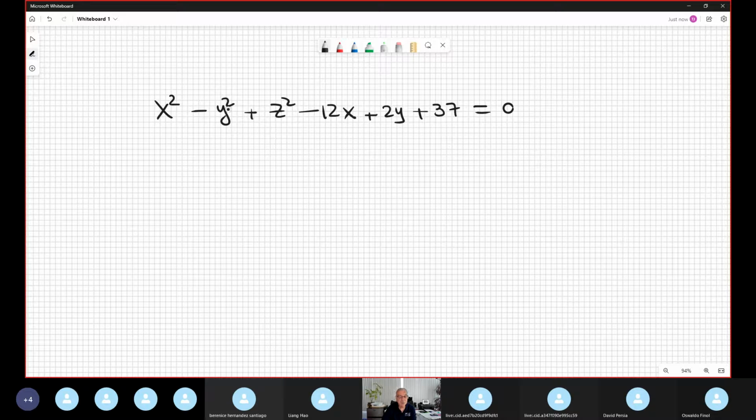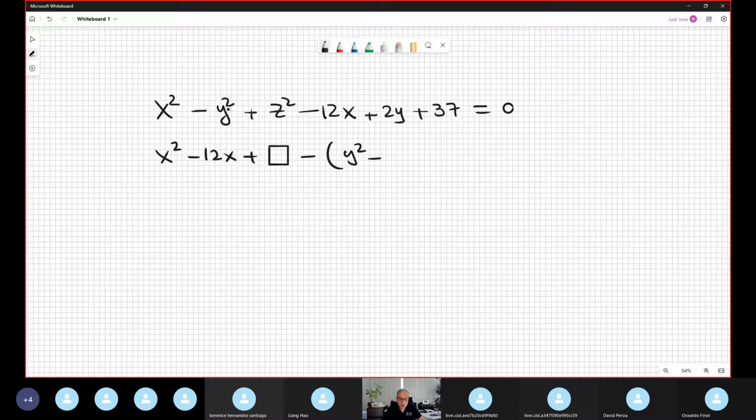Okay. General form. I need to group the x, the y, and the z has no linear. That means we have no translation. So now you copy x squared minus 12x plus the magic number that completes the square. Minus parentheses y squared, because I respect this sign.